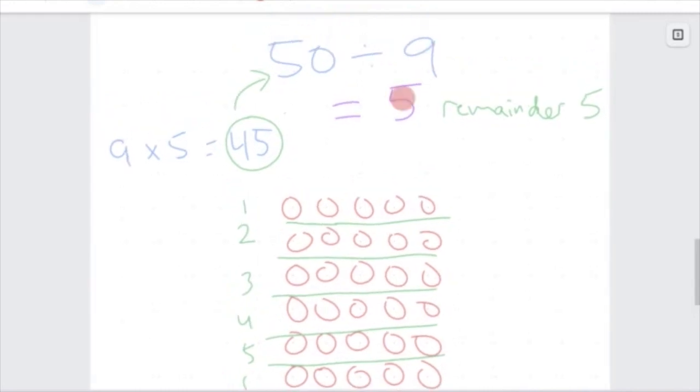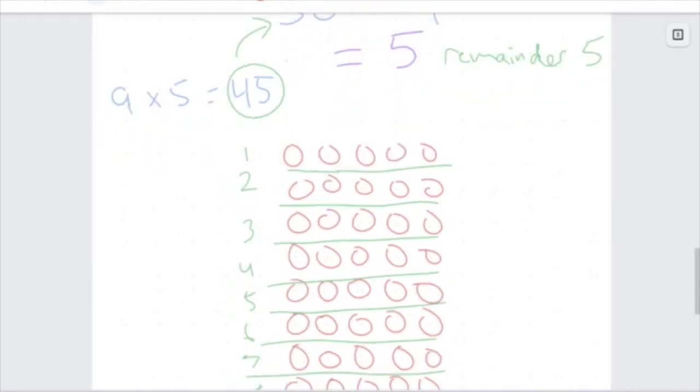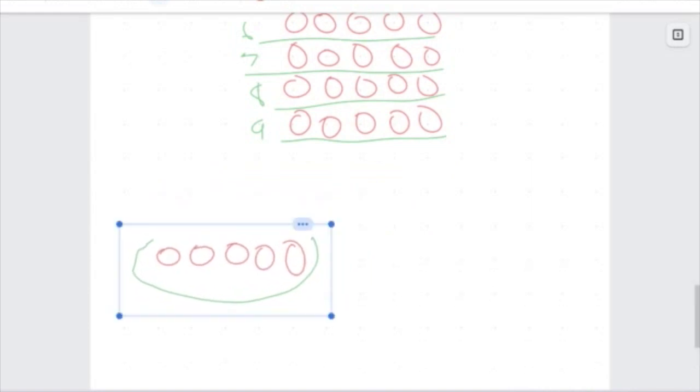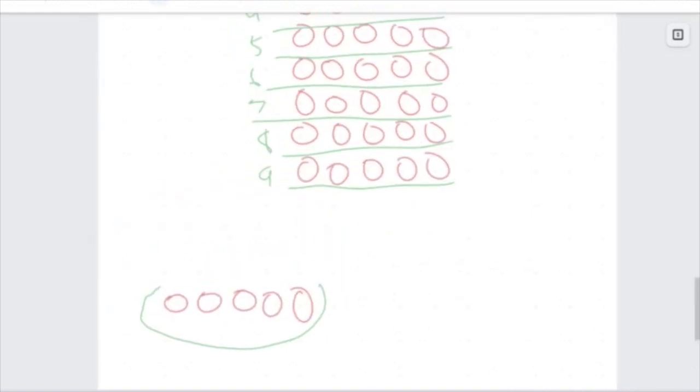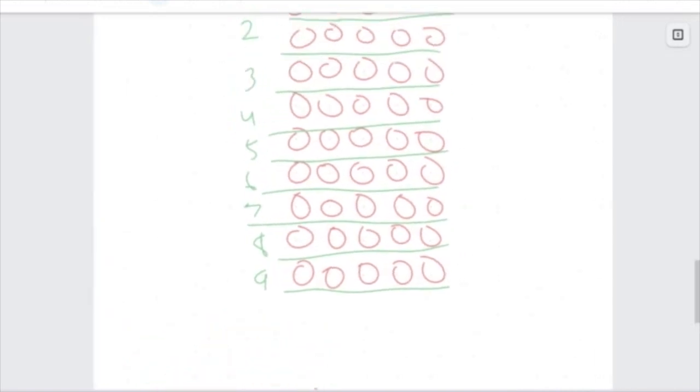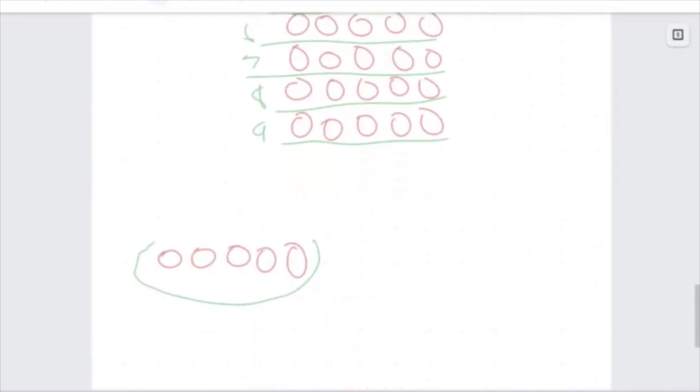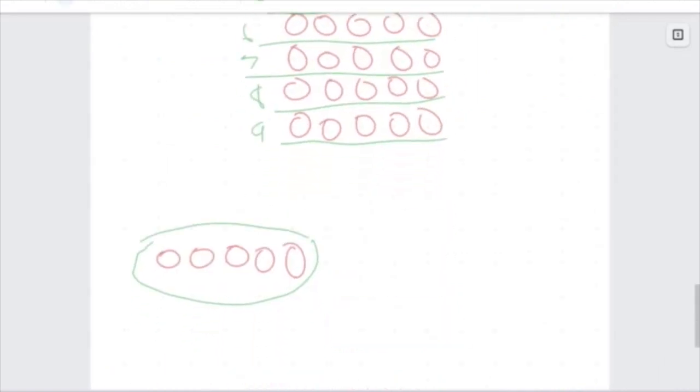So that's this number here, but I have a remaining 5 here. So this here is going to be my remainder. This is the remaining bit after I've divided this number 50 into 9 equal groups. And this here is my remainder of 5.